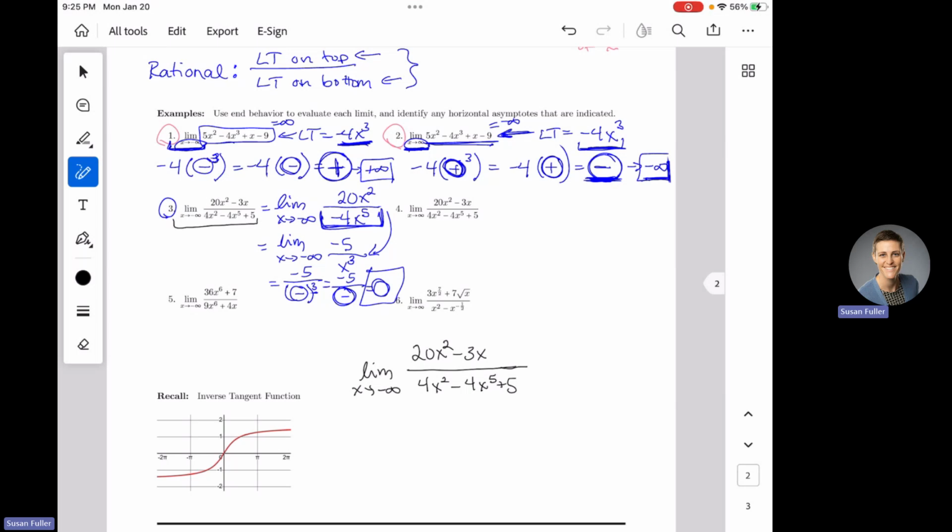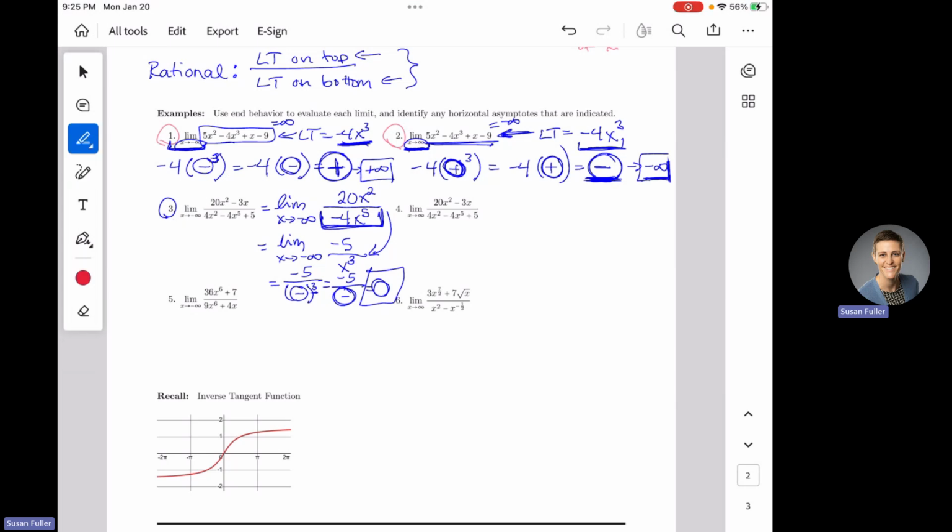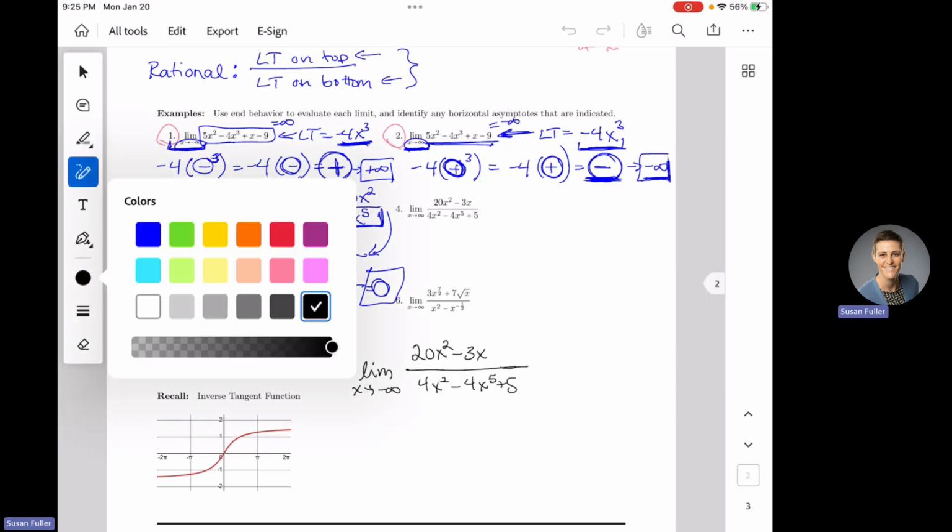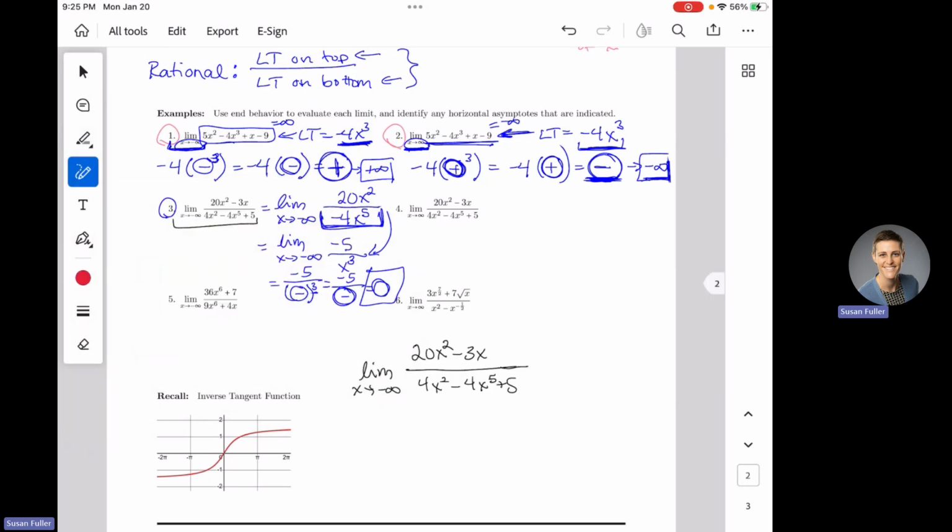Basically, with algebra, I can multiply the top and the bottom of this fraction by anything I want. Just for funsies, I'm going to multiply the top and the bottom by 1 over the highest power of x that appears anywhere in this fraction, which is x to the fifth.